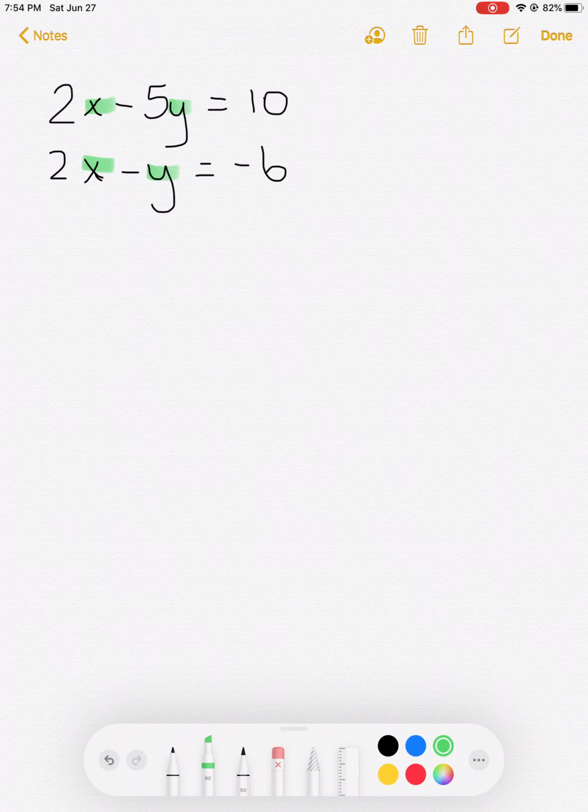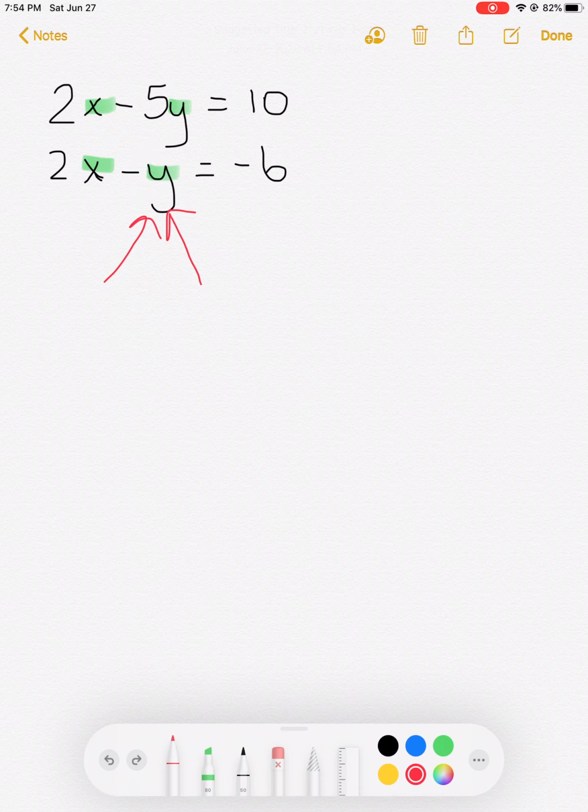But the reason this one is the best is because there's no number greater than 1 in front of it. There's a 1 in front of that y, and we need the letter to be by itself. If there was a number in front of it that wasn't 1, it would be a lot more difficult. So this is why we're going to go with that y.